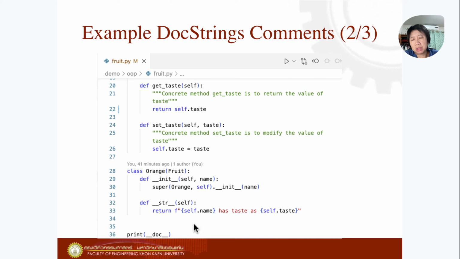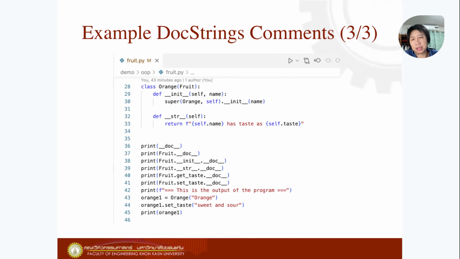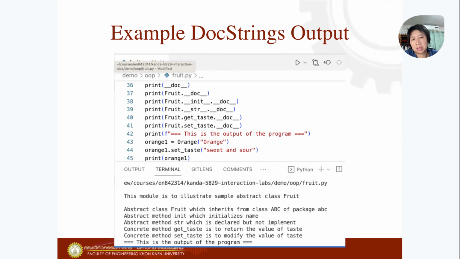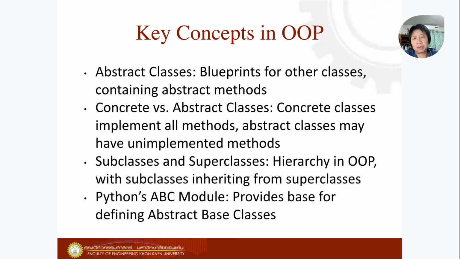For each method we also have a docstring, and we print the docstring for the module and for each method. And this is what the output of the docstrings printed via the __doc__ attribute should be.